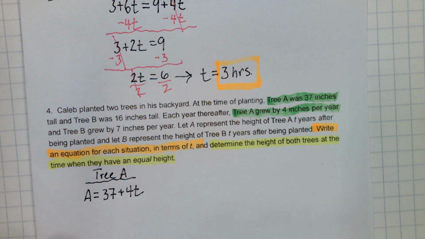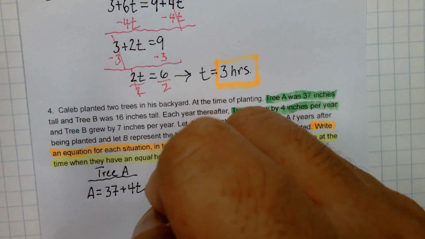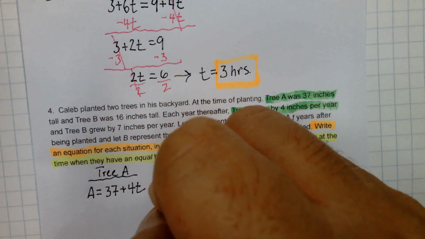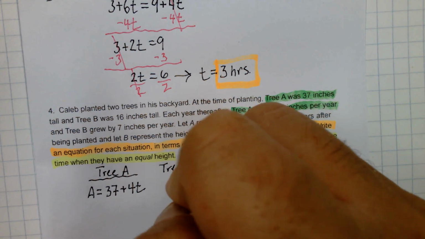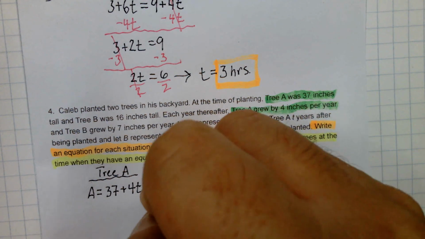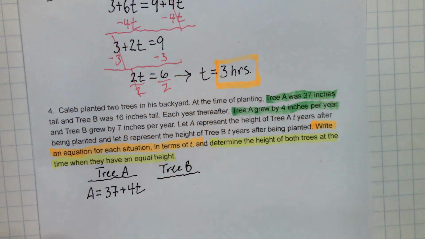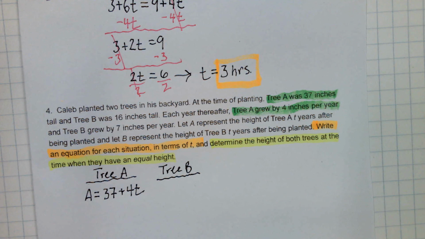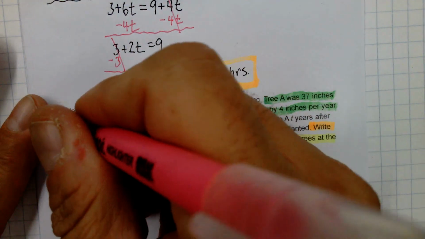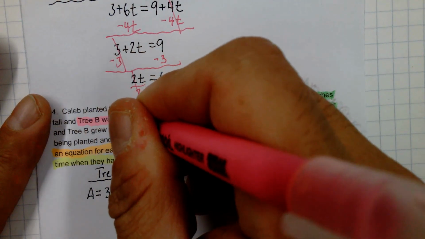And then let's do tree B. For tree B, they tell us it was shorter. It was 16 inches.